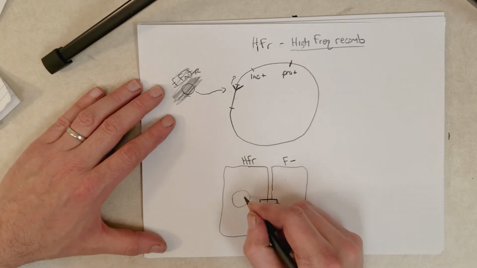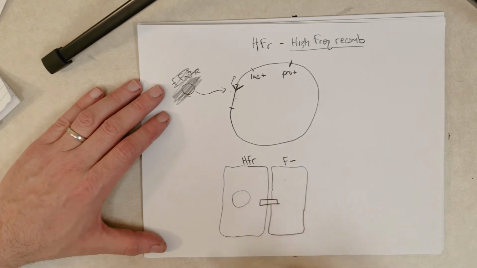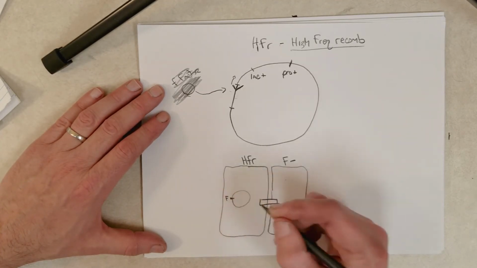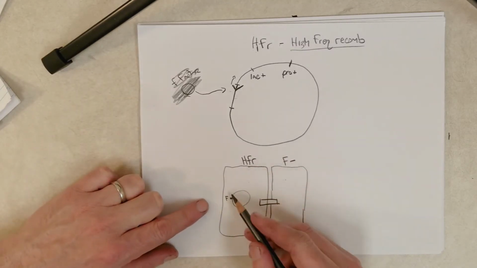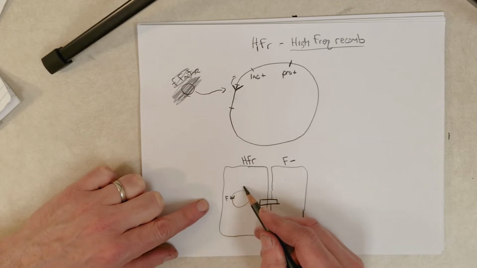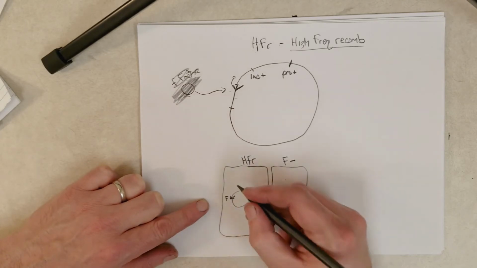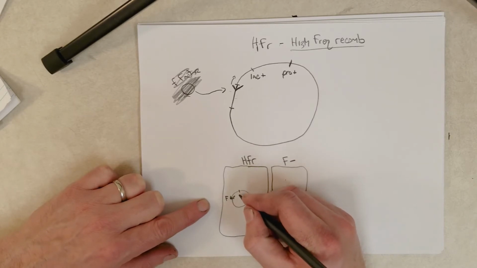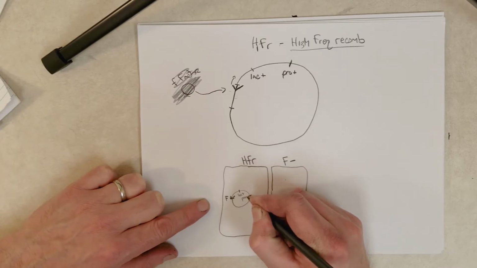I'm going to diagram it as a small circle right here so I don't take up the whole cell. So here is the F factor, and remember I said the OriT was oriented so that if it's cut, the strand is going to be unwound in the clockwise direction. And all the bacterial genes are on the bacterial chromosome. We only mentioned two, lac plus and pro plus.